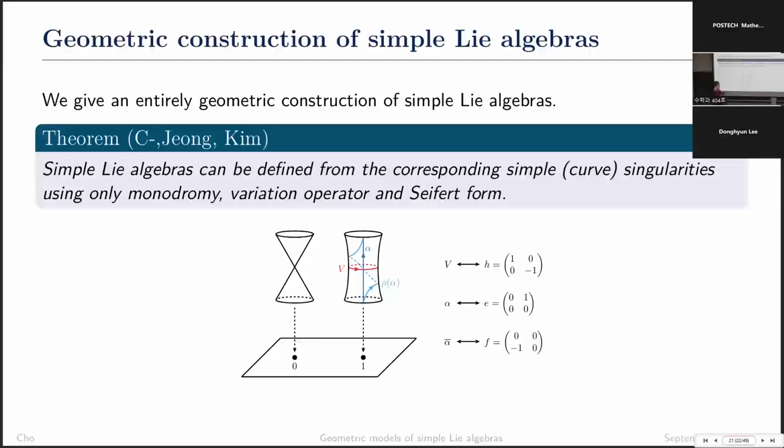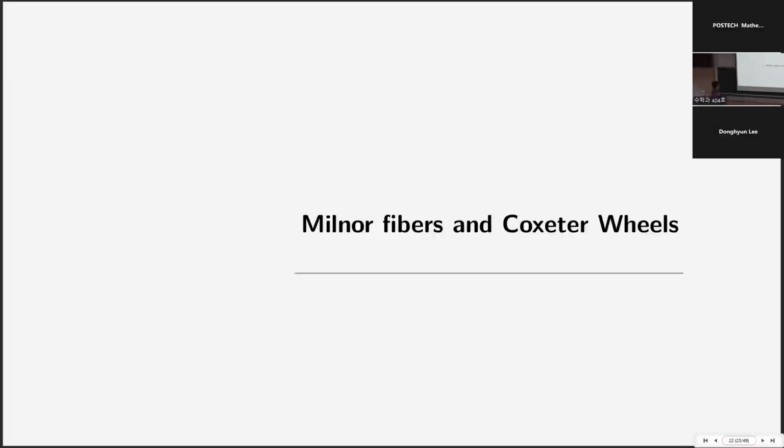So this will be the structure of the sl2 triple for all simple Lie algebras. And we need to actually understand how these interact with each other. Let me move on to Coxeter fields.